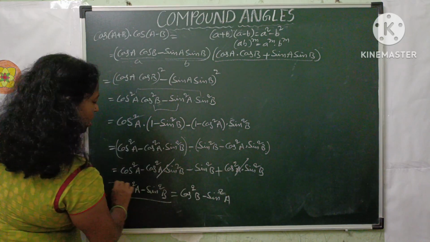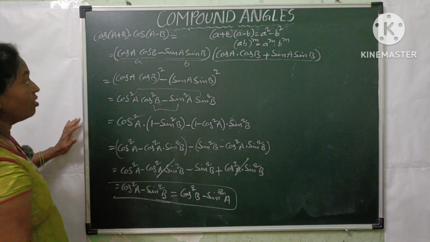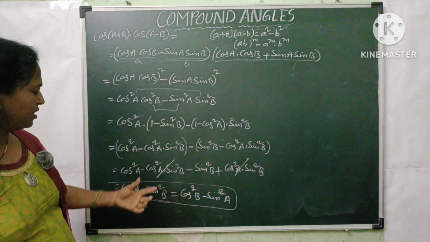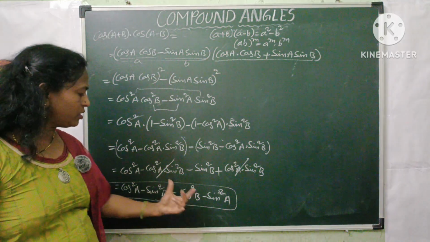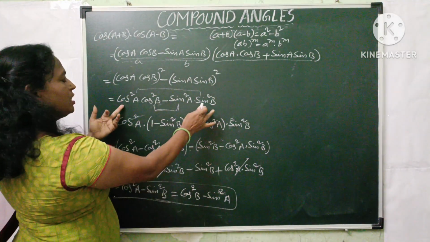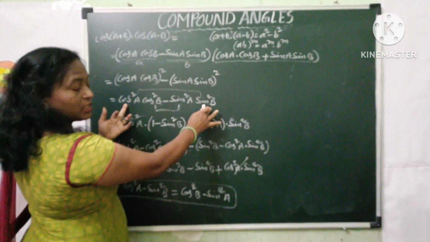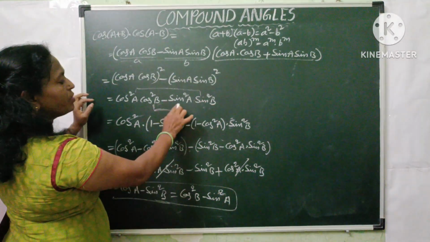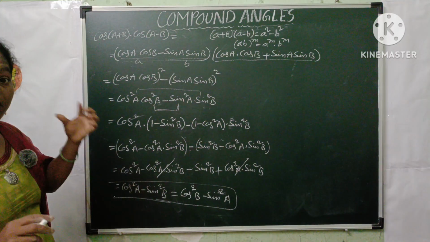These two are the formulas of cos(a+b) into cos(a-b). It is the same formula, because when you change these two ratios the answer is cos square a minus sine square b, and if you change these two ratios, the answer is cos square b minus sine square a. We have to remember that. Easy to remember.